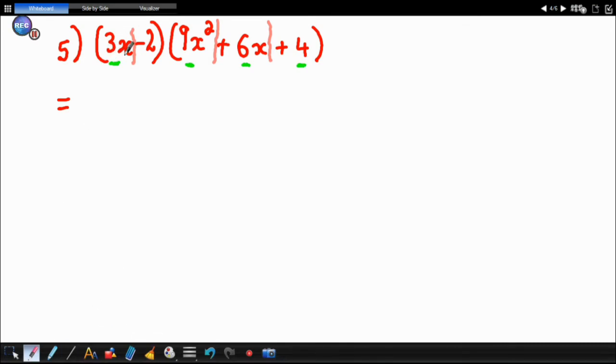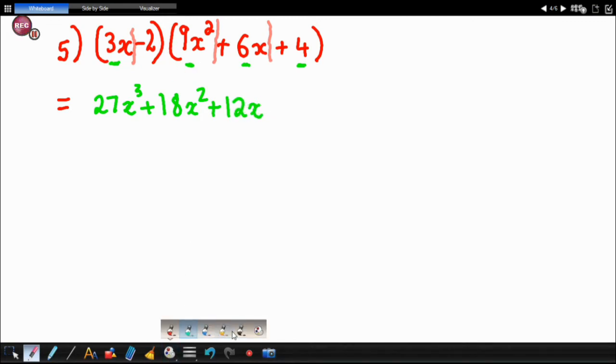So let's see, 3x times 9x squared, we have 27x to the power of 3. Then we are going to again say 3x times 6x, which will give you 18x squared. Sorry about that. 3x times 4, which will give you 12x. Now we move on, and then we use another color.